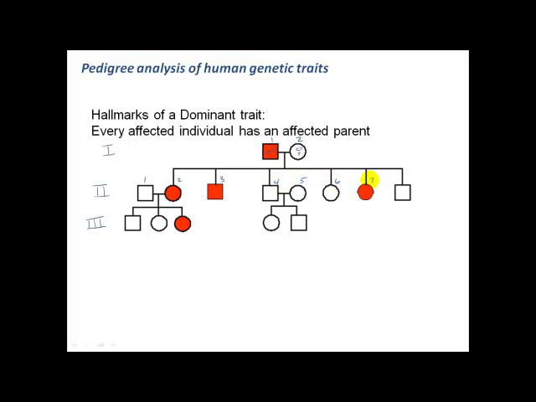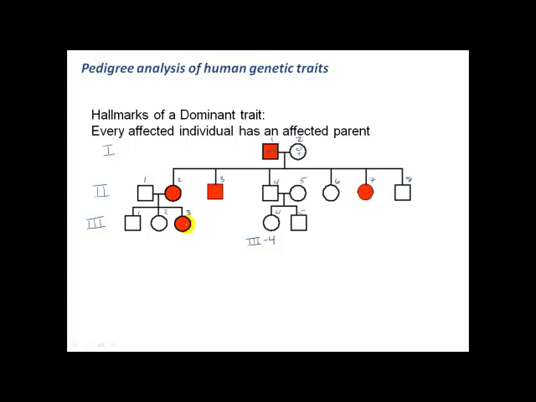And so if we wanted to specifically refer to this individual in the pedigree, this individual would be individual 3-4. All right? Okay, so shaded individuals show the trait, not always a disease.